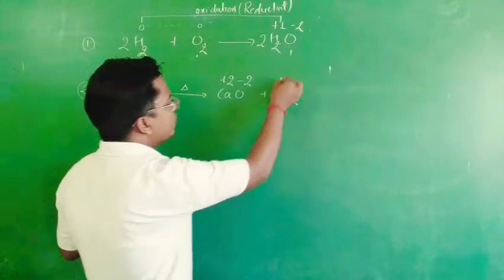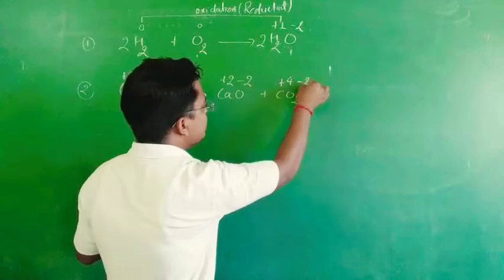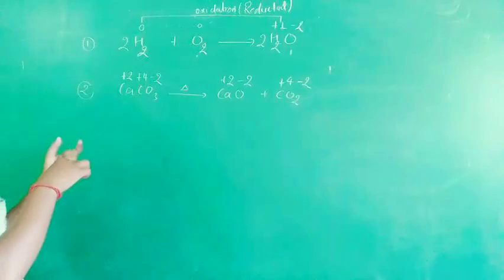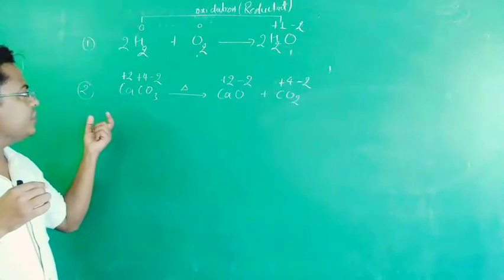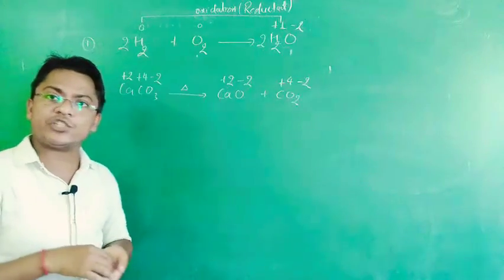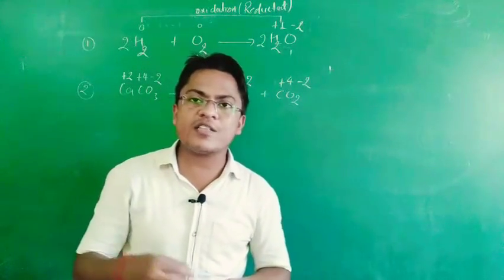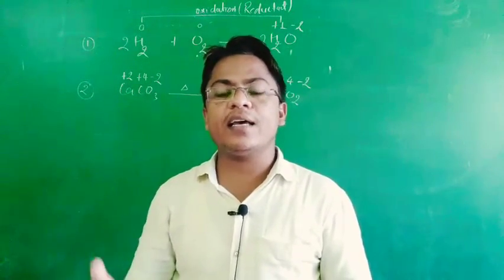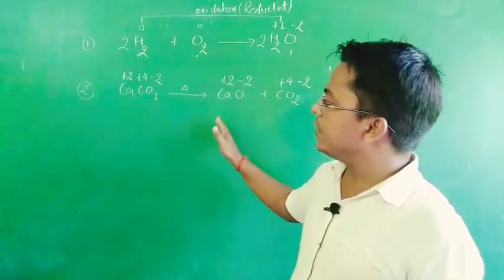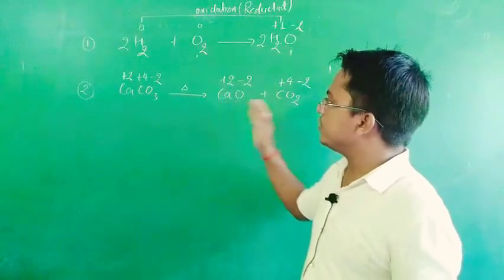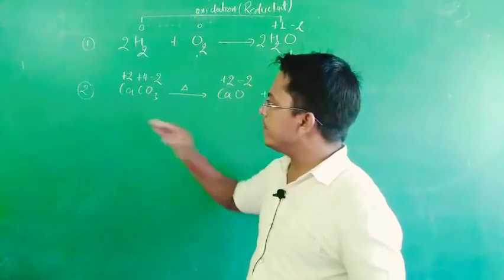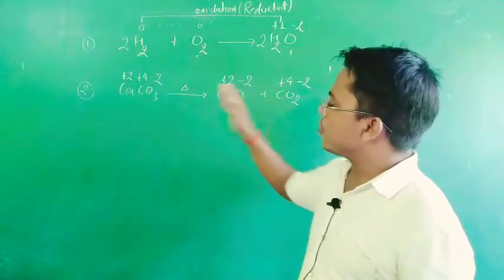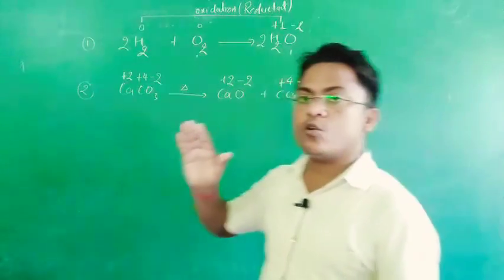In case of CO2 there is a +4 charge and -2. So I think there is no change in the oxidation state. Here there is no change in the oxidation state of any element. So this reaction will not be a redox reaction. Such questions also come, where you have to identify whether a reaction is a redox reaction or not. This reaction is not a redox reaction because there is no change in the oxidation state of any element in this chemical reaction. Calcium +2 here, +2; carbon +4; oxygen -2, -2. So there is no change.